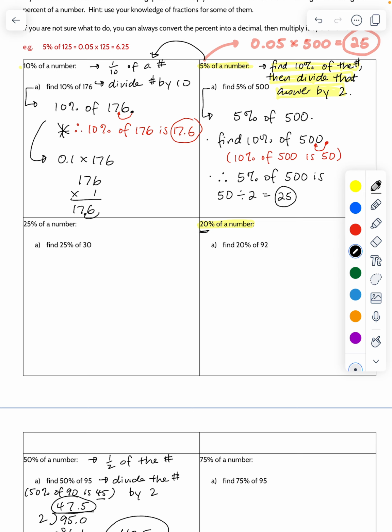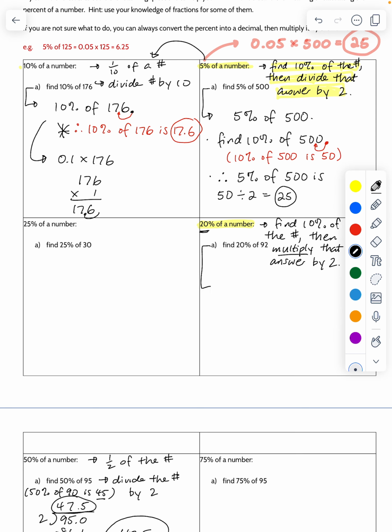So what is the connection with 10%? You can find 10% of the number, then instead of dividing it, you multiply that answer by 2, because 10 times 2 is 20.